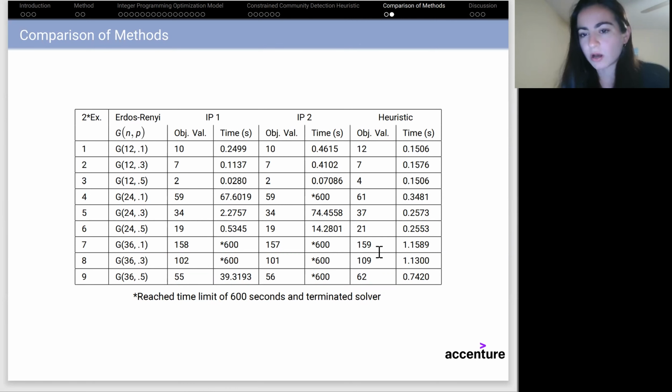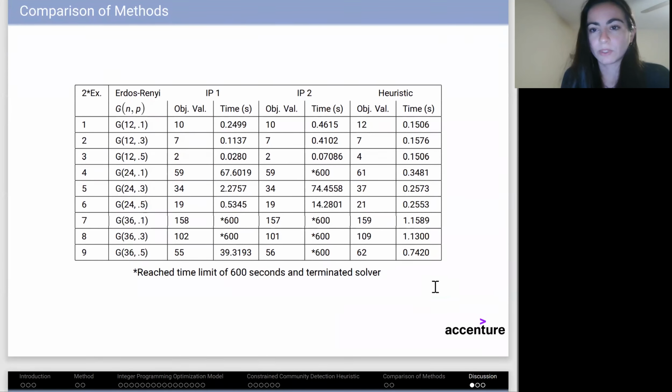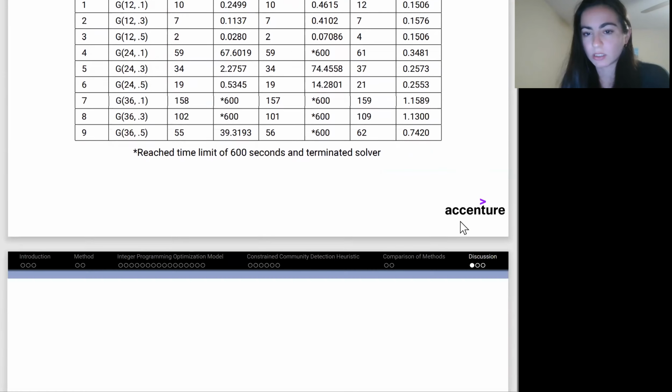There's a little bit of a trade-off. This is a minimization problem, so depending on the context of the problem, this can either be fine or not. It's pretty close in value to the optimal solution of the IPs, so that's very exciting, especially for the difference in time. So this was great to see.